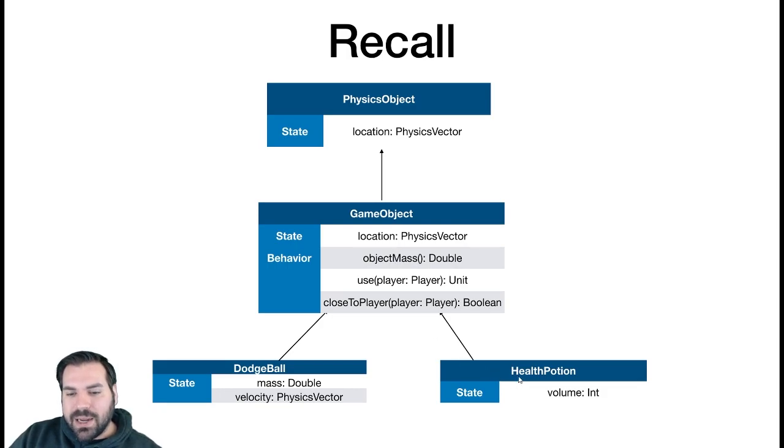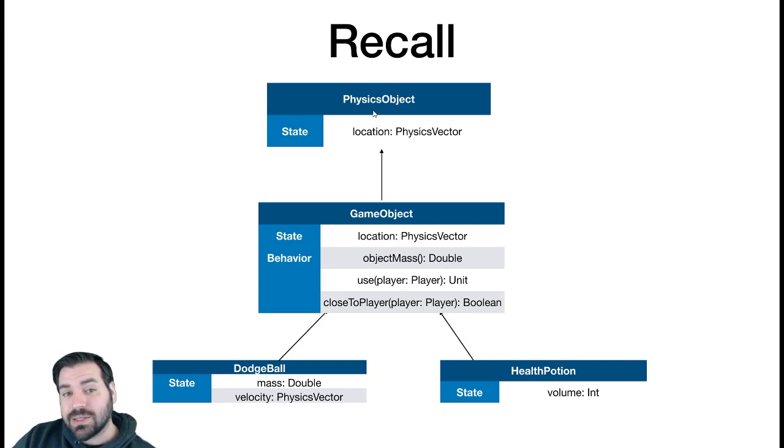And whenever we inherit this functionality, HealthPotion extends and inherits, I'll use these somewhat interchangeably, HealthPotion inherits all of the functionality of GameObject, so it gets all of its state and behavior. It has a location state variable. It has an object mass method. It has a use method that takes a player. It has a close to player method that takes a player.